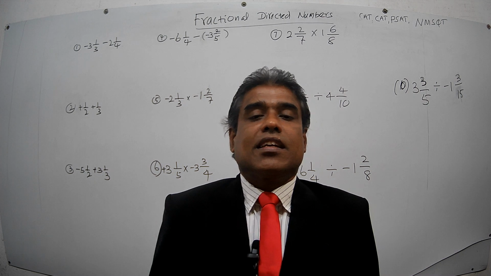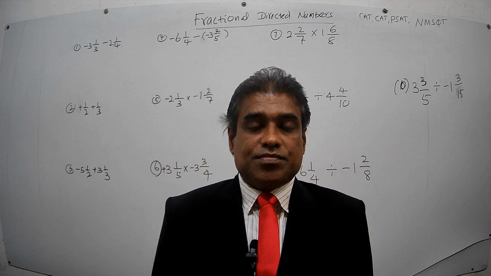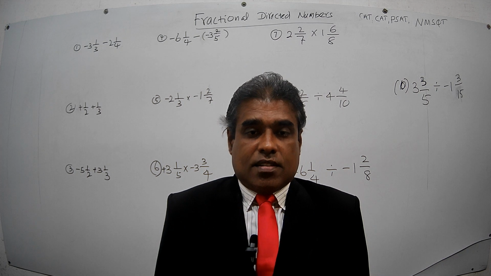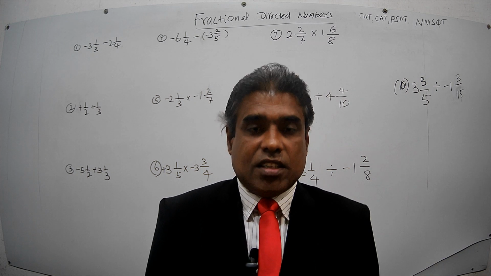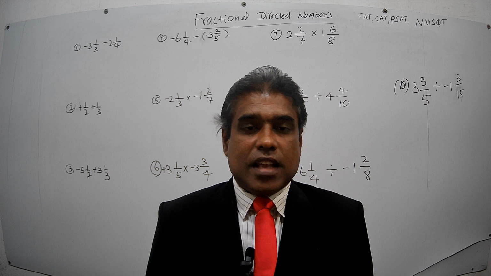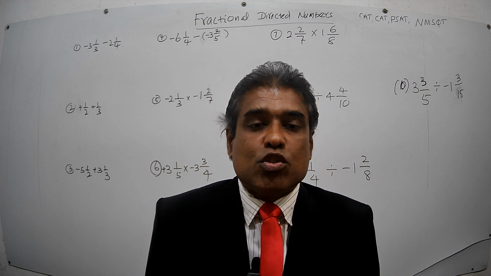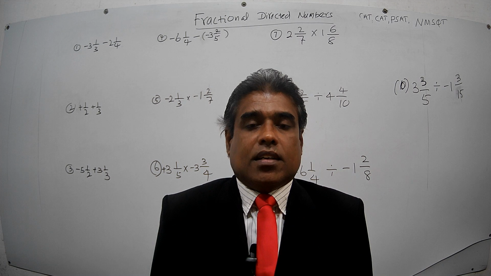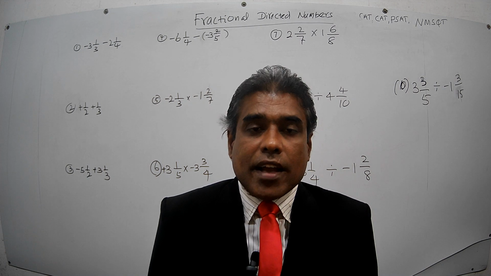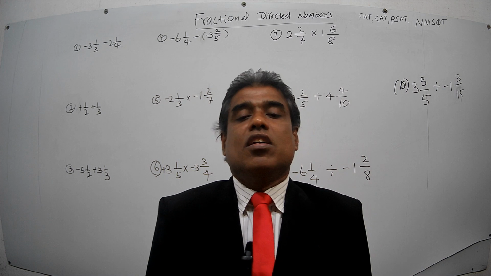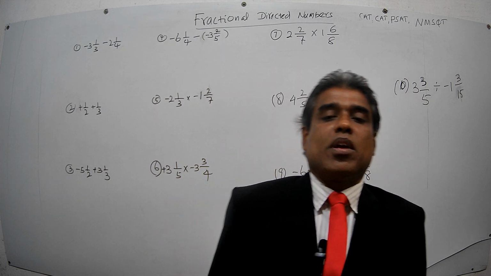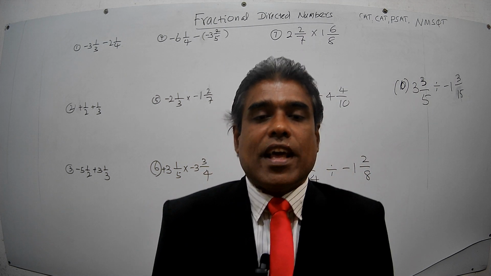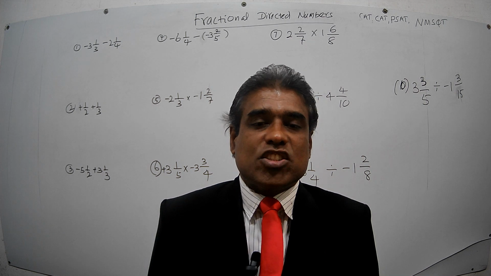But actually the directed numbers are not only the whole numbers. There are decimal directed numbers that you have to add, subtract, multiply and divide. Also you have to use the rules of operations of directed numbers. Then in addition to that, today we are going to discuss the fractional directed numbers.